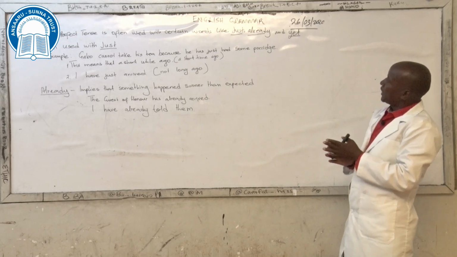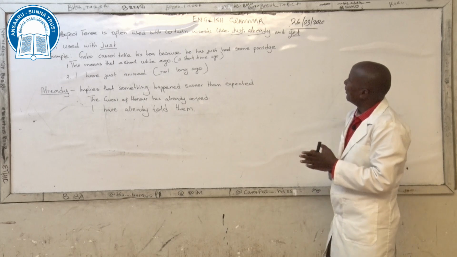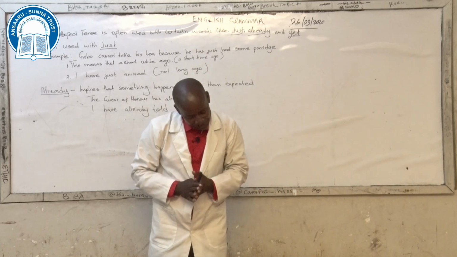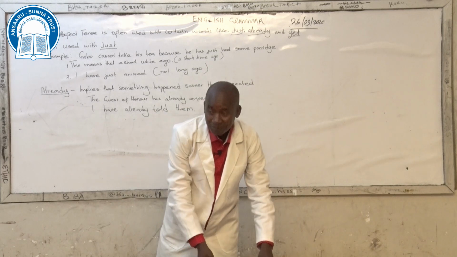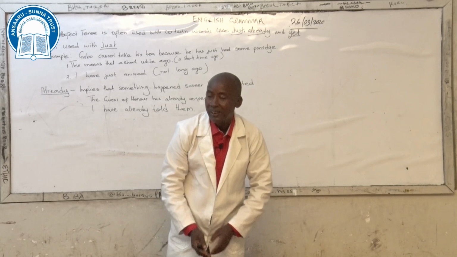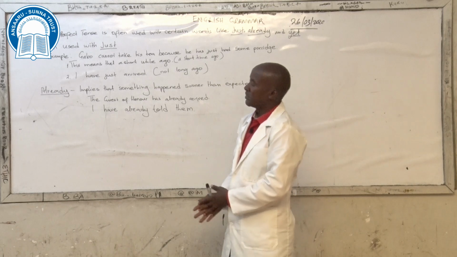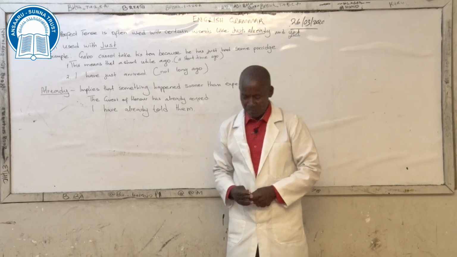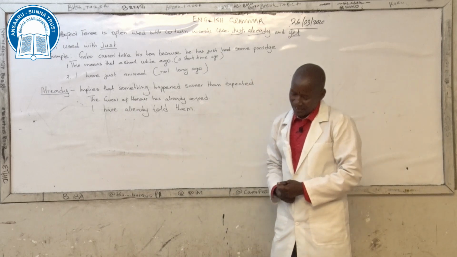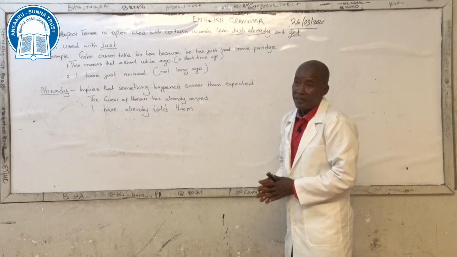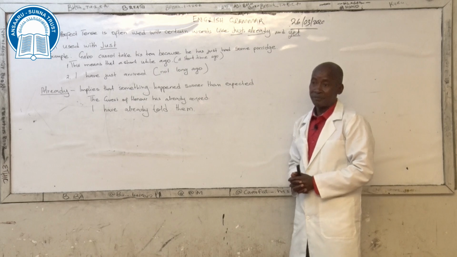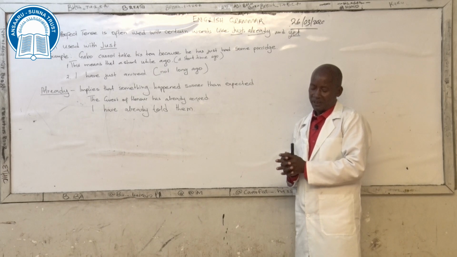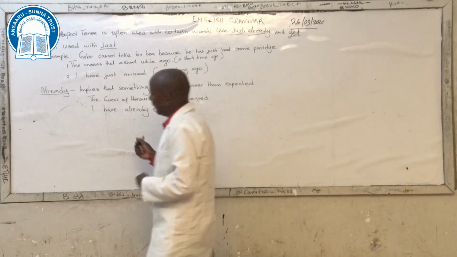There were three: just, already, and yet. Could we have a look at yet? If yet is used with present perfect tense, it implies until now or up to now. Up to now.